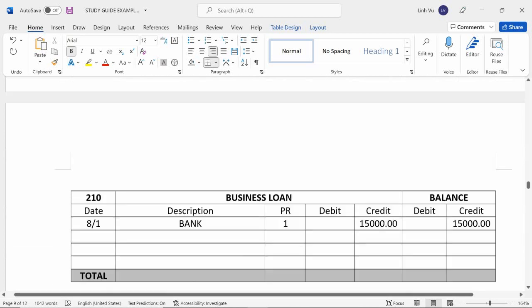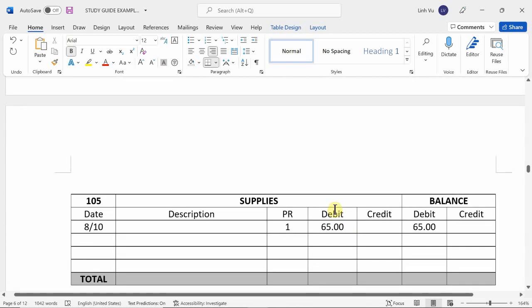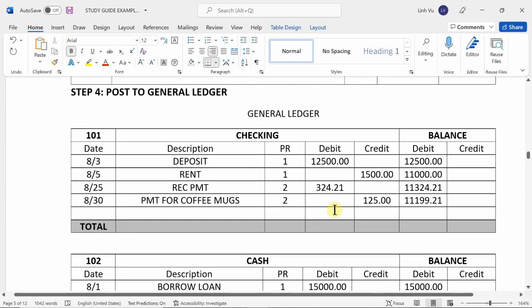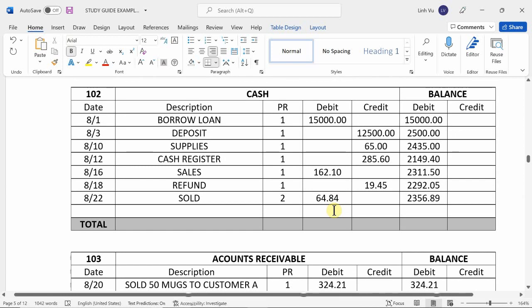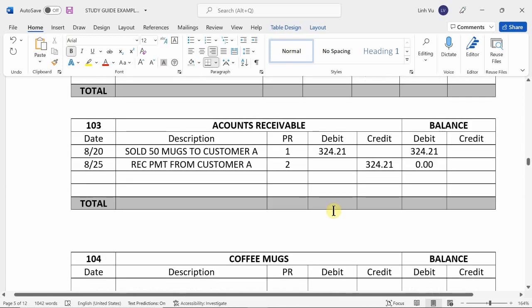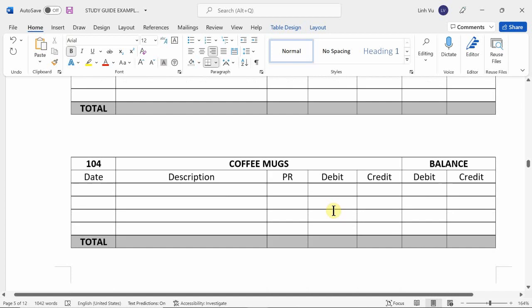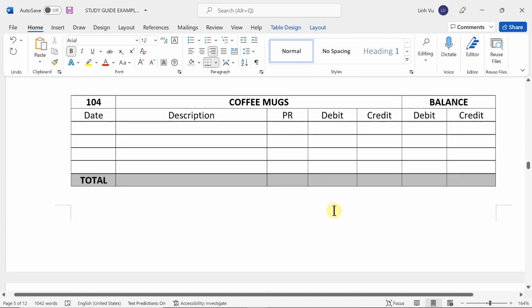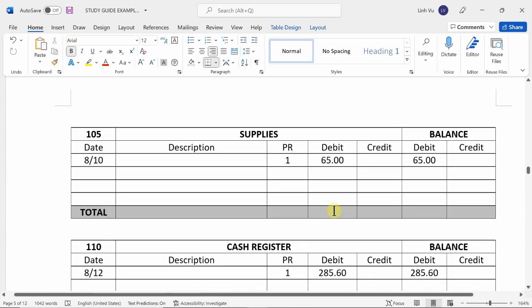Let's see what's next. So checking is done, cash is done, accounts receivable I have a 0 balance on, so nothing there. Coffee mugs, I haven't done my periodic inventory conversion yet, so nothing there. Supplies, I have supplies for $65.